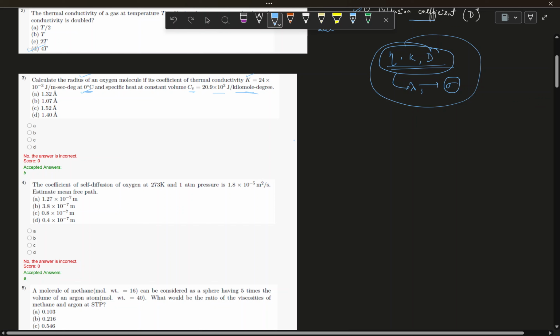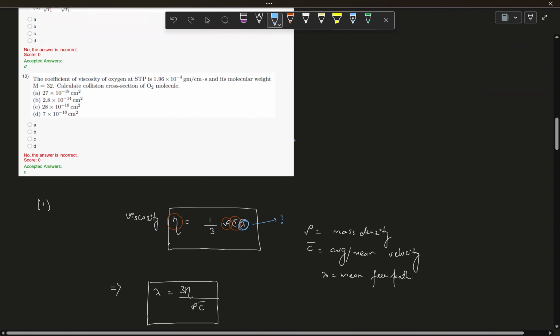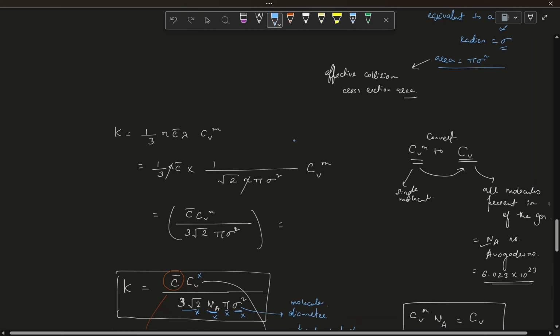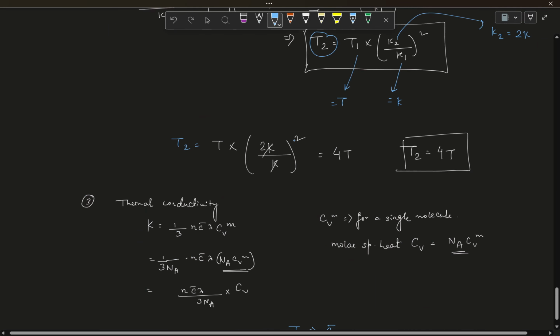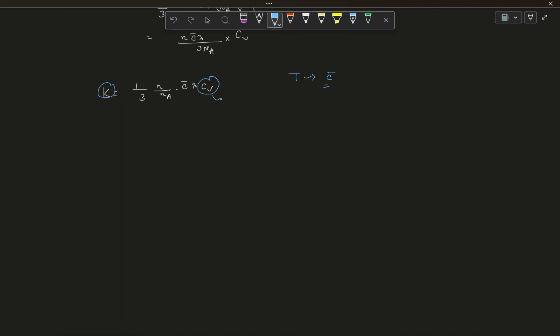So you know the mass, and you can directly get the velocity value also. Temperature is given, K is given, and CV is given. So you know everything except this lambda.